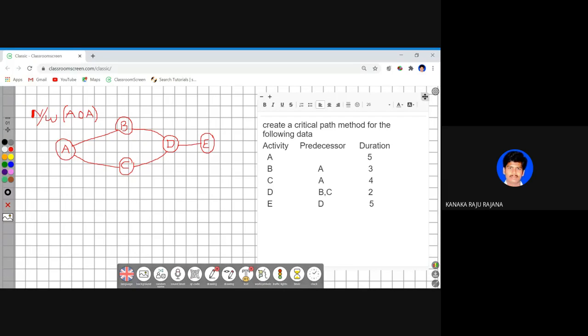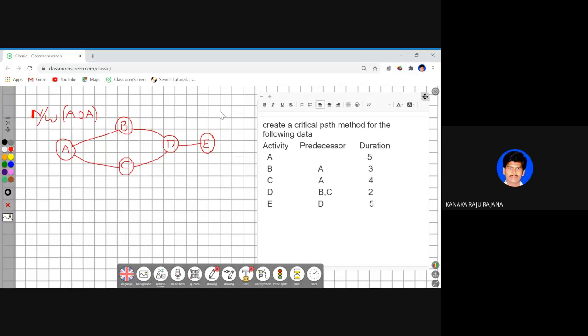Clear? So how to plot this network diagram purely depends on the predecessor as well as the activity given in your respective project. Okay. So therefore, the predecessors have been assigned, activities have been assigned. Okay. So this is called the step number 1.